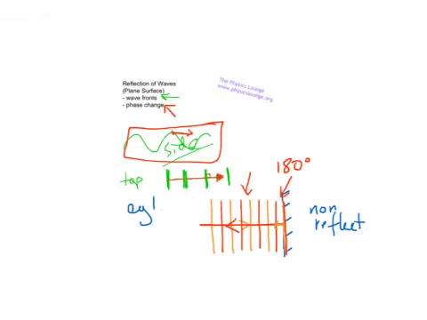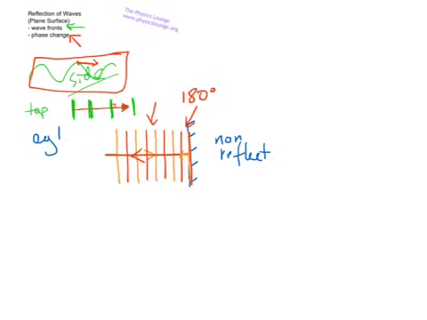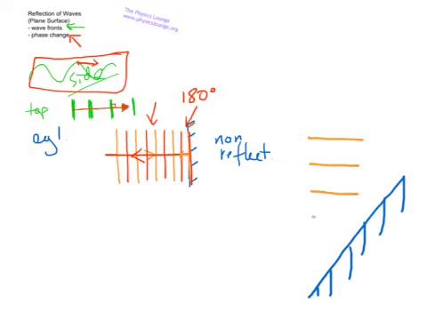So let's continue, and let's have some waves coming into a boundary. Here's our boundary this time, and our non-reflective side, so the other side is the reflective side. Here are waves coming in, and then they're going to start hitting, and we'll probably get another one in before it turns.